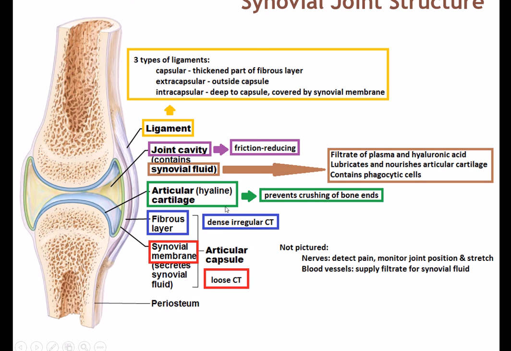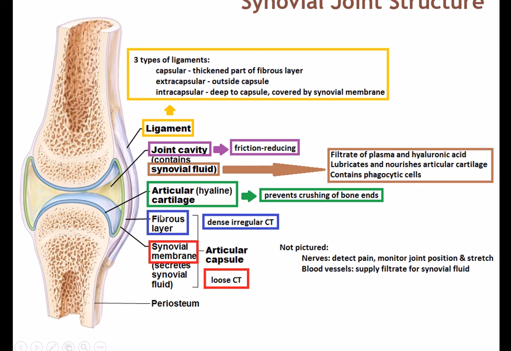And then there are also nerves and blood vessels associated with all of these joints. The blood vessels supply the filtrate, the plasma that eventually becomes the synovial fluid.